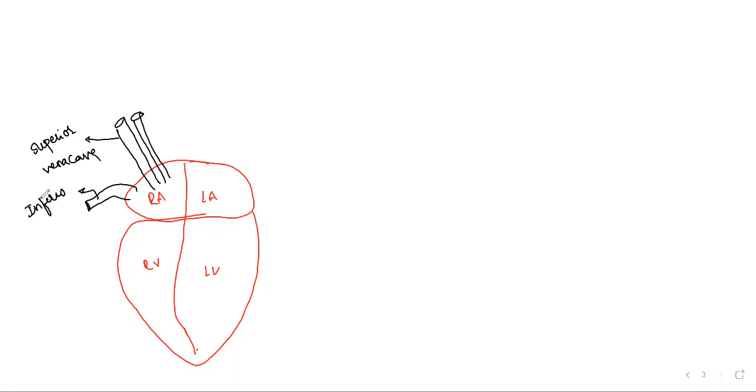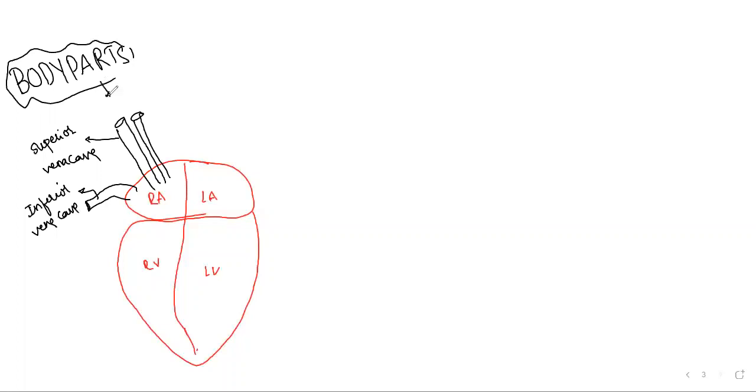The right atria collects the blood from body parts with the help of superior vena cava and inferior vena cava. What blood is it collecting?